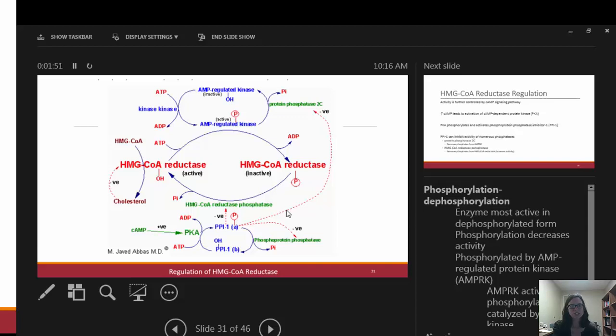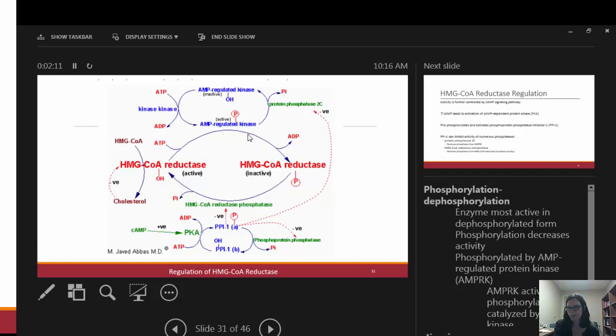Okay, so let's review what we just talked about. We have our HMG-CoA reductase in its active form. When we add the phosphate group, it's in its inactive form. So phosphorylation decreases activity. This phosphorylation is regulated by AMP-regulated kinase.